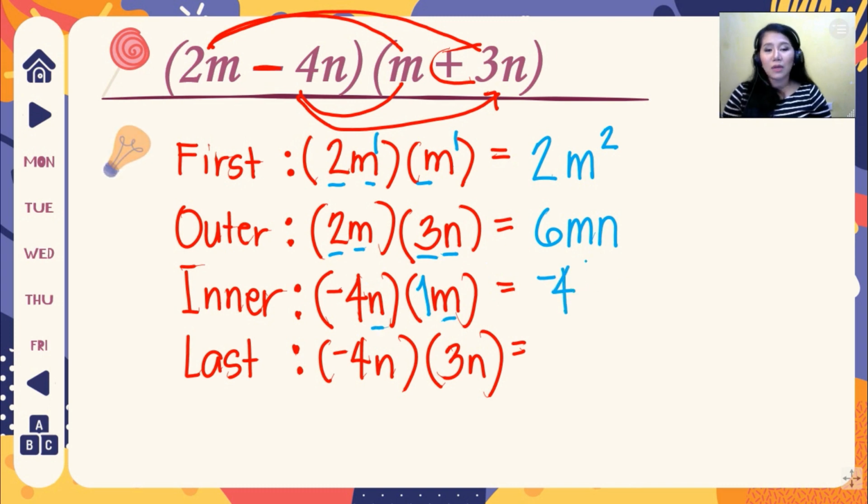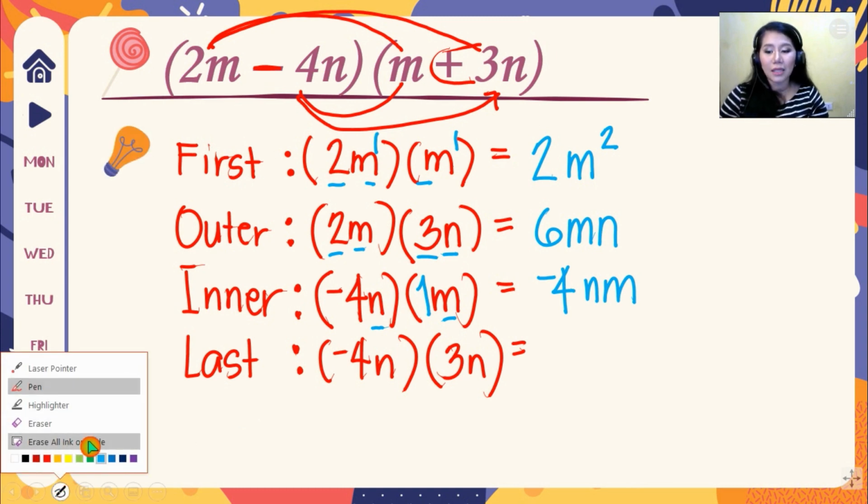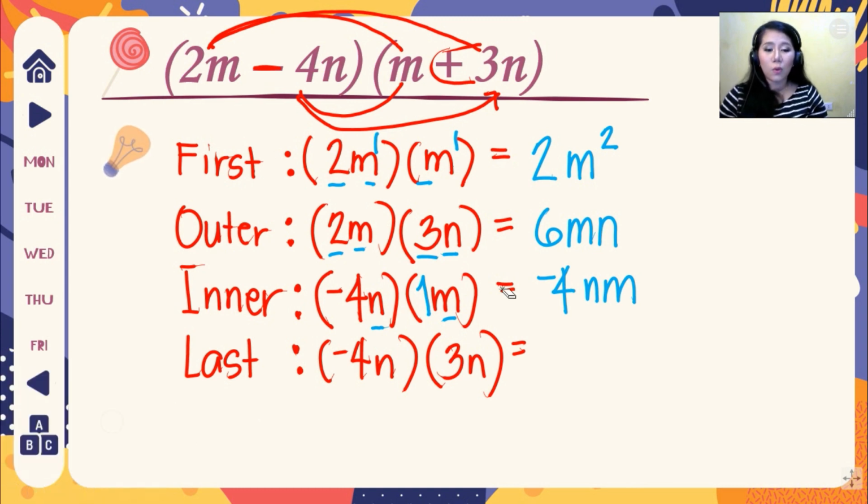Hindi naman tayo pwedeng magsulat ng nm, class. Okay? Kinakailangan, pag sinulat natin siya, mauna pa rin si m, para makita natin yung part na merong magkapares na literal coefficient. So, pag nagsulat tayo ng sagot, wala namang problema kahit pagbaliktarin mo si nm or alin ang unahin mo. Kaya lang, you have to arrange it alphabetically na para hindi tayo nalilito.